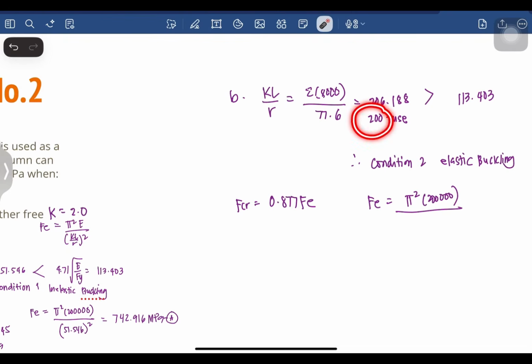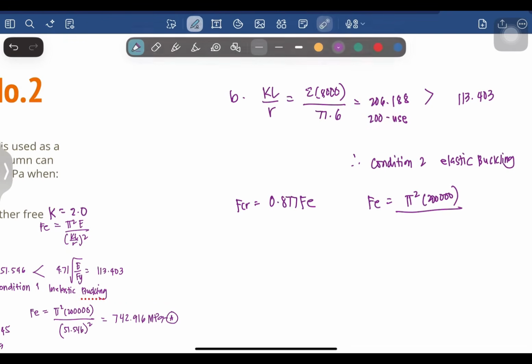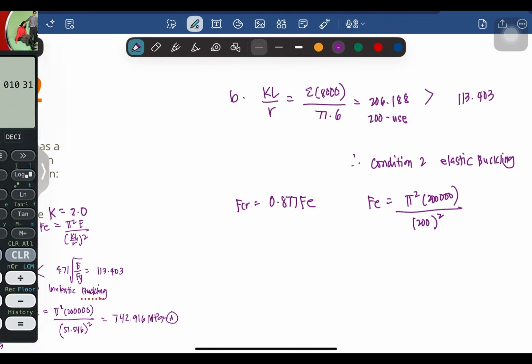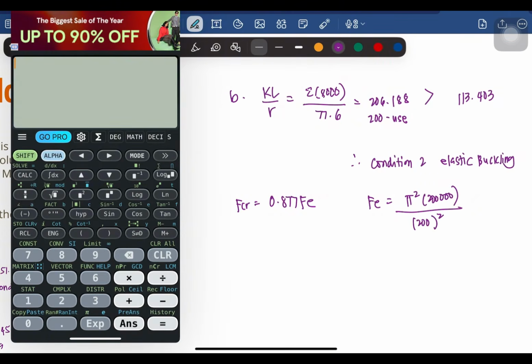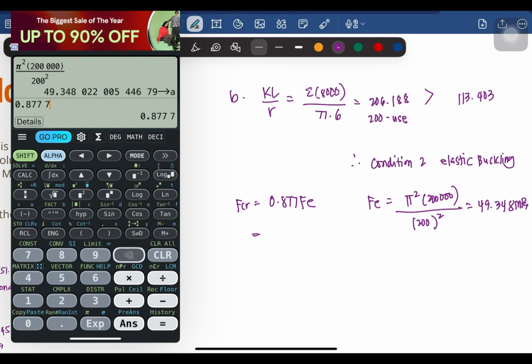So we will use the 200 limit po para dun sa slenderness ratio as per NSCP provision. So pi squared times 200,000 over 200 squared, so equals 49.348 MPa. So I will store it. So 0.877 times Fe is 43.278 MPa.